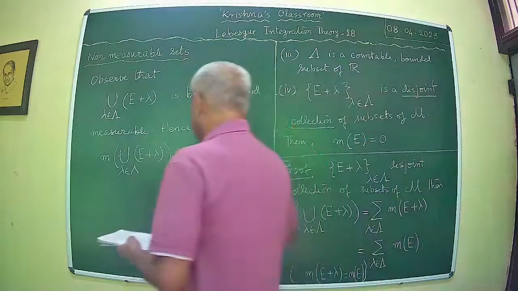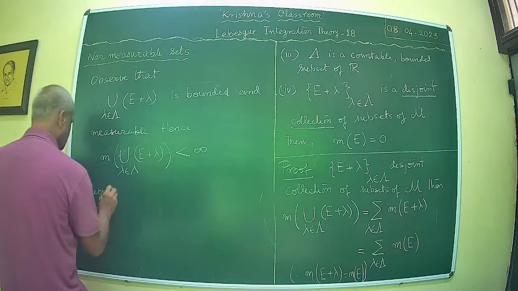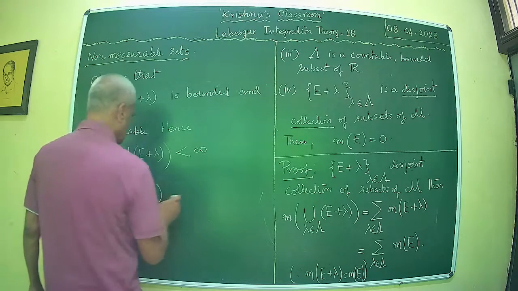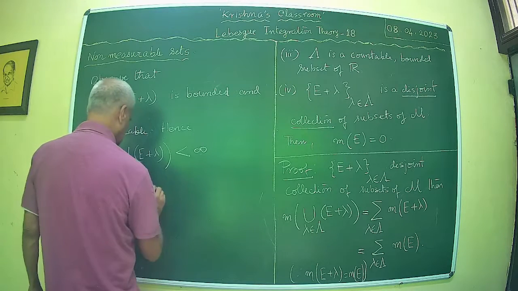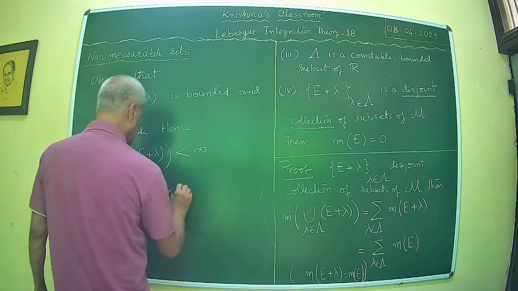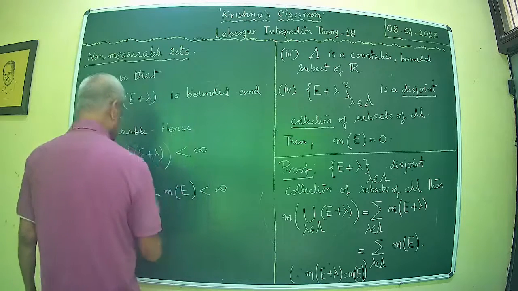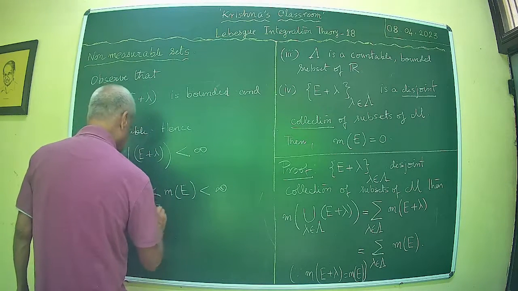Now suppose the measure of E is not equal to 0.